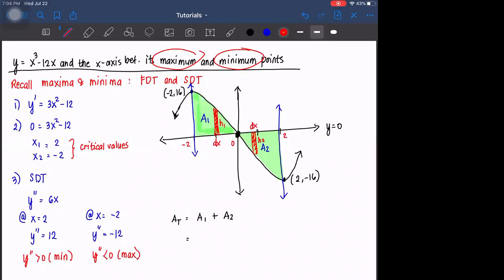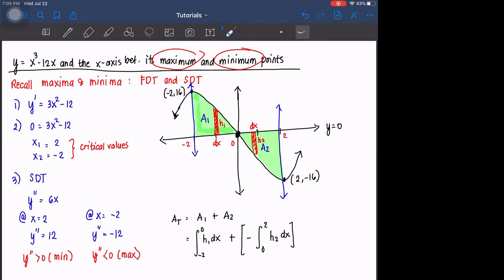Area 1 is the integral of h1 dx from negative 2 to 0 plus, okay, because this area is below the x-axis, if below gani siya sa x-axis class, ang ato area kay negative. So plus negative integral from 0 to positive 2 h2 dx. Okay, hinumdumi na siya.